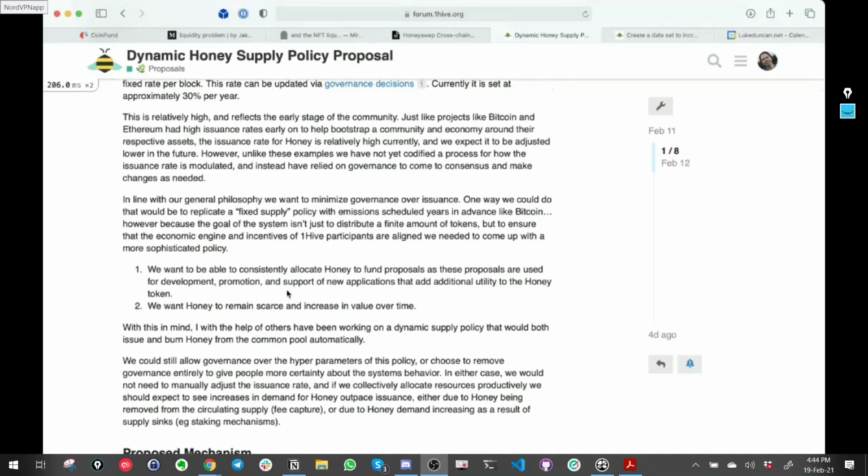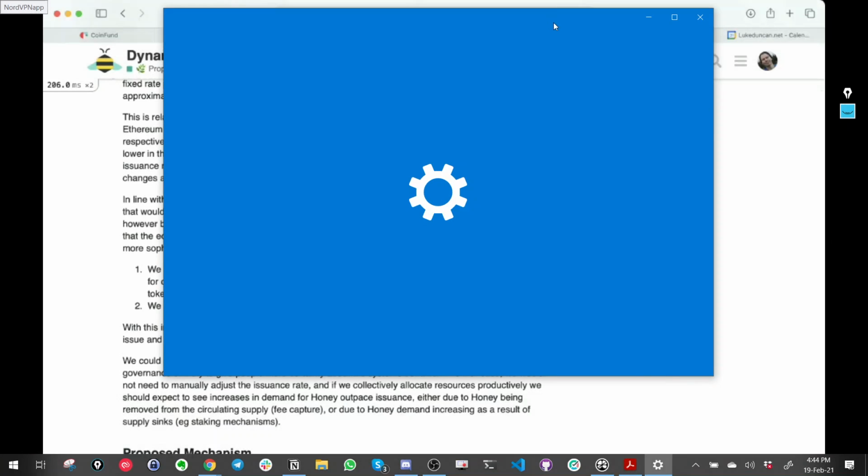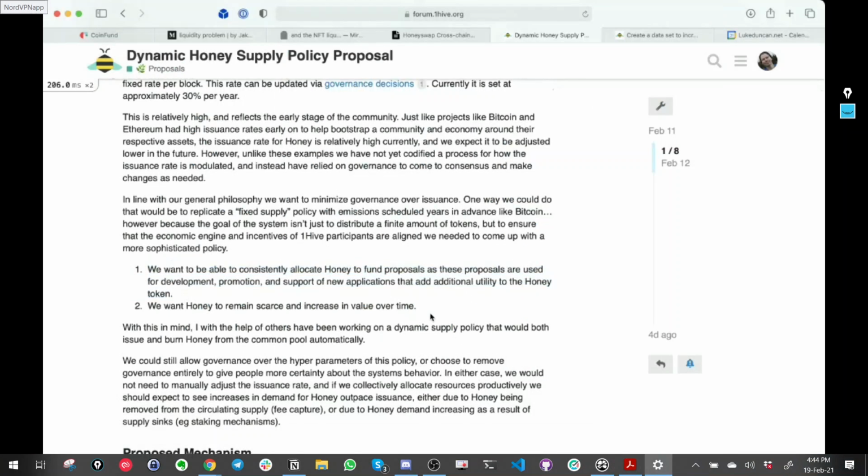We wanted the conviction voting subsystem to consistently allocate honey to proposals, so there are always funds available in the common pool. But we also wanted honey to remain scarce and increase in value over time. With the flat issuance policy, it was always distributing money, so we solved the first problem but not the second.